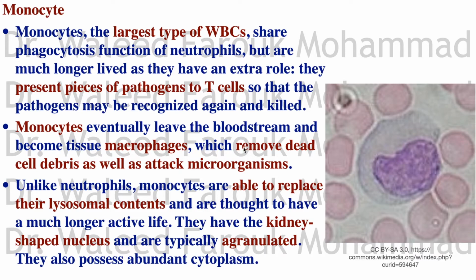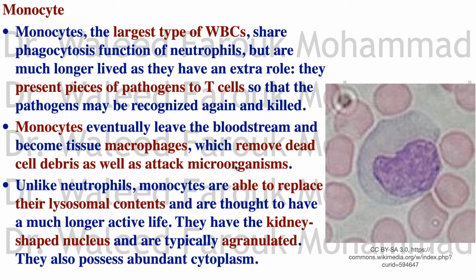The monocytes are the largest type of white blood cells. They have phagocytic functions like the neutrophils, but have a longer lifespan because they can replace their lysosomal contents. They have a kidney-shaped nucleus and typically are agranulated.